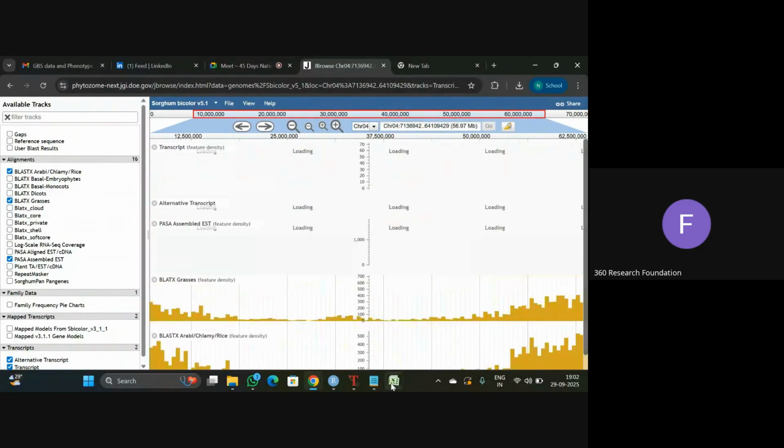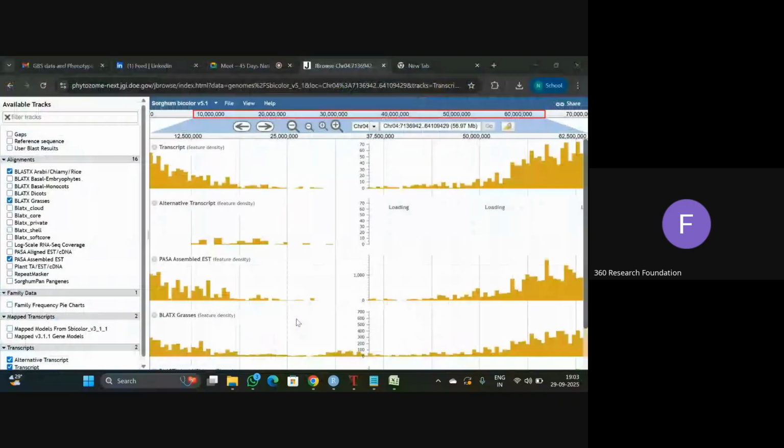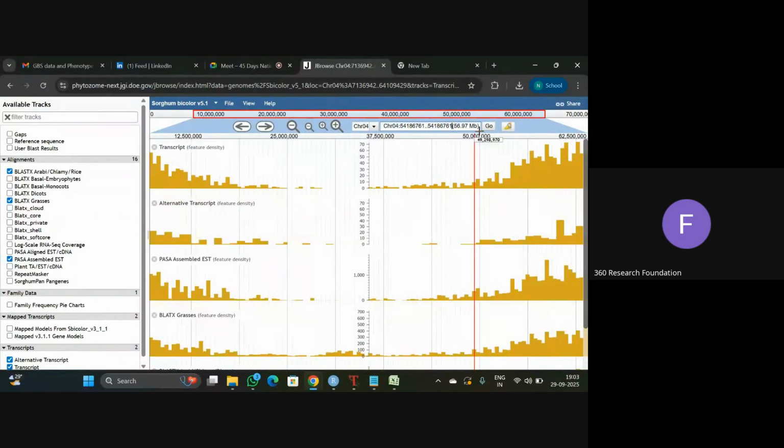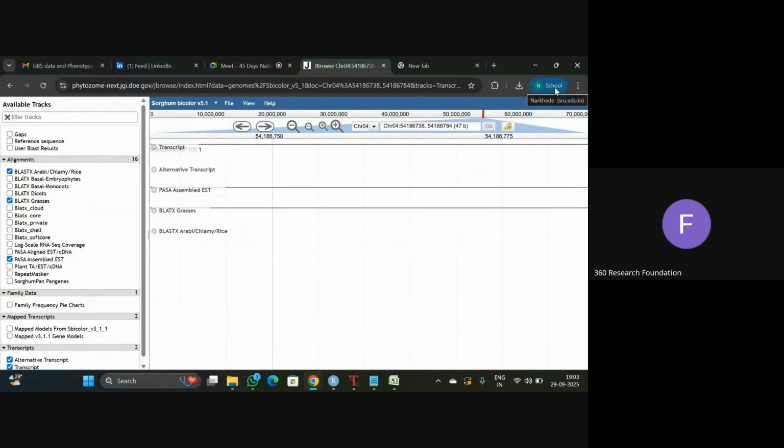Go to fourth. Just copy that, direct that position at both the places, and we'll see. So what is the result?